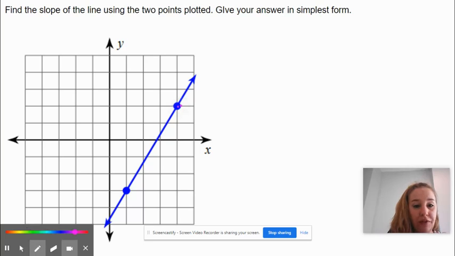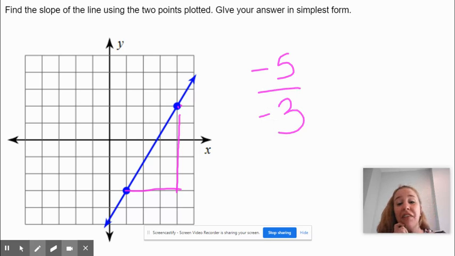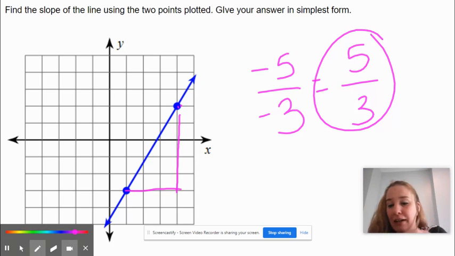We would have fallen 5 and gone backward 3, -5 over -3. Negative divided by negative makes a positive, so that whole fraction is positive. Either way you go, it's going to be a positive 5/3.